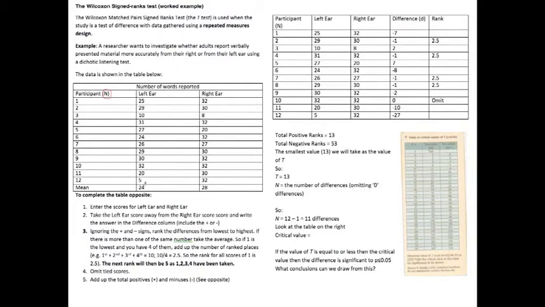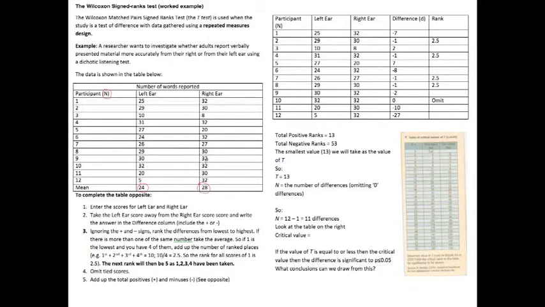Now we've also calculated the mean. So we have 24 here. We have 28 here. Doing a quick eyeball test, we can see that there is a difference between the scores, and the right ear seems to be winning. That, unfortunately, isn't accurate enough for us.